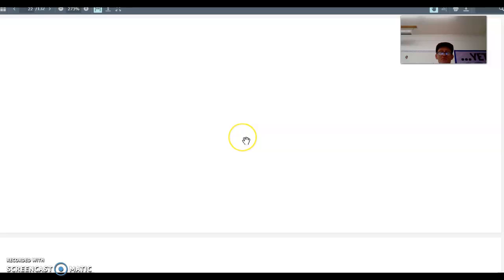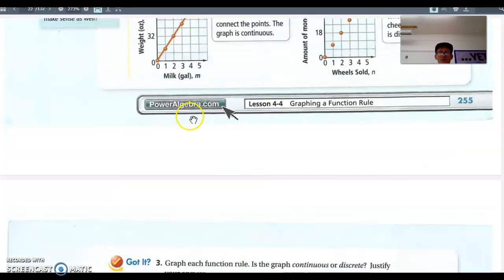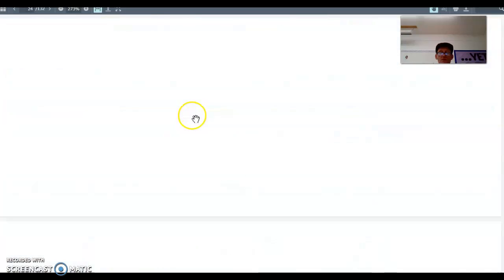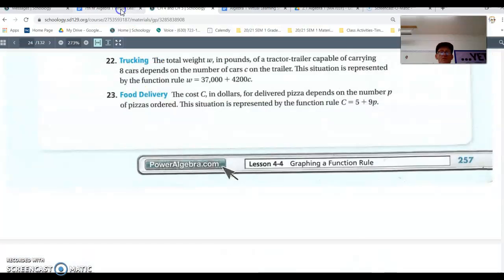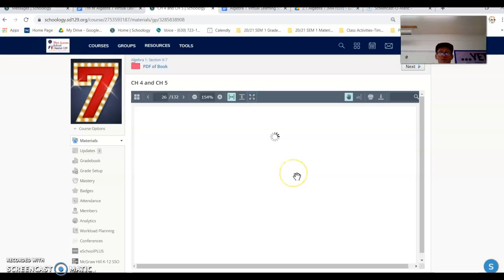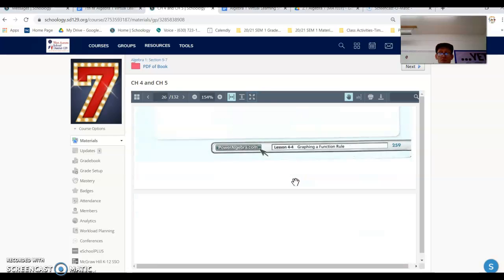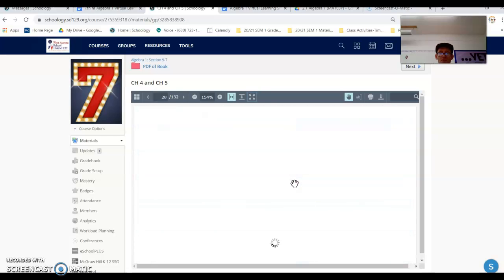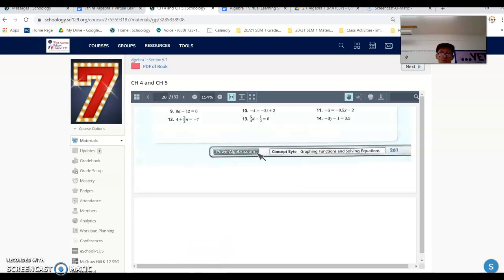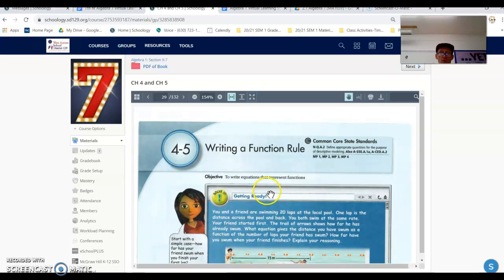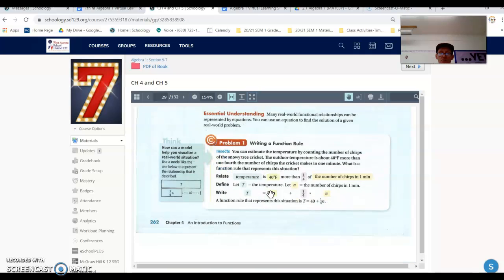So let's see. All right, almost done. Here we got 4.5. It looks like 4.5 is the page the assignment was. There it is, 4.5, writing a function rule.